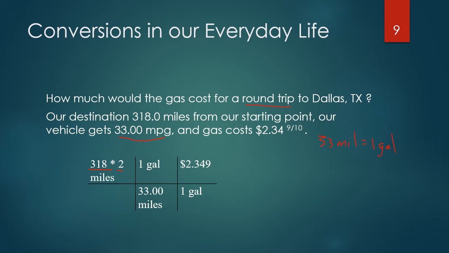And we're going to choose to have the fraction with the 33 miles in the denominator. We do this so that the miles are on opposite sides of that horizontal line and they cancel. We then have the 1 gallon in the numerator. So if I were to stop at this step, I would be calculating how many gallons it's going to take to get to Texas round trip.